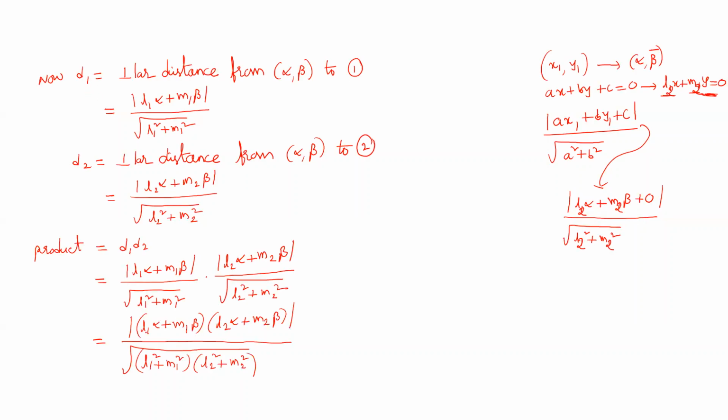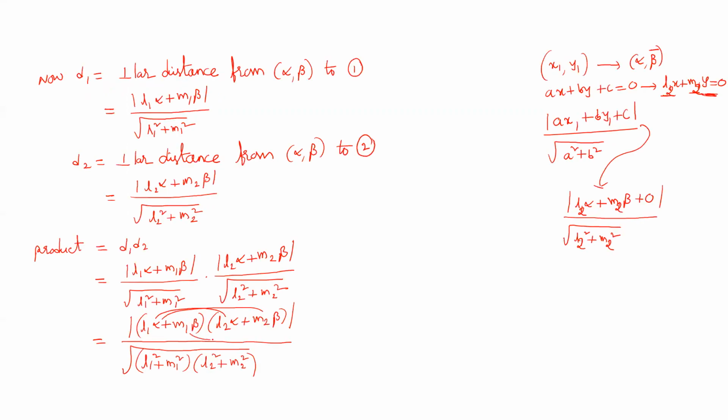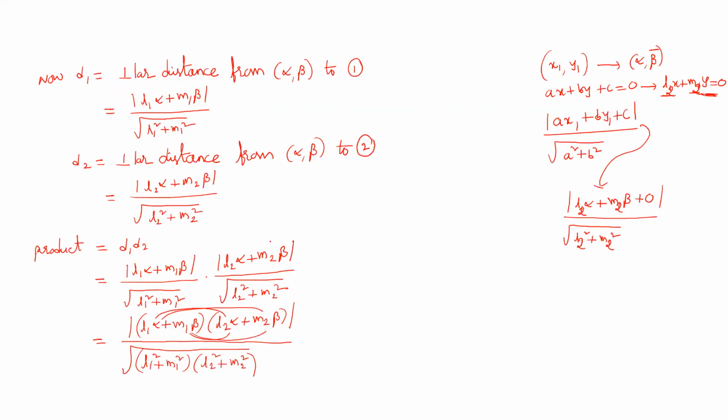So mod of, multiplying L1 alpha into L2 alpha, L1 L2 alpha square, plus L1 alpha into M2 beta, so L1 M2 alpha beta, plus next M1 beta into L2 alpha, M1 L2 alpha beta, plus M1 beta into M2 beta, M1 M2 beta square. This is the modulus in the numerator.